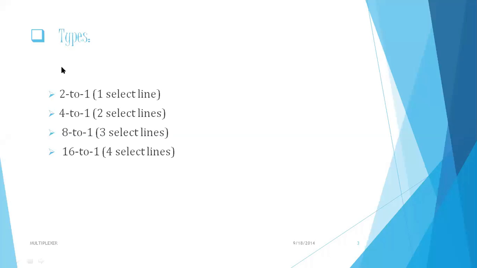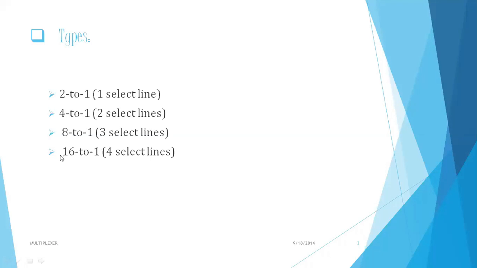Next, 4 to 1 multiplexer. 4 means 2 power 2, so two selection lines. We form the 2 power n combination. Next, 8 to 1 multiplexer. 8 means 2 power 3, so 3 selection lines.